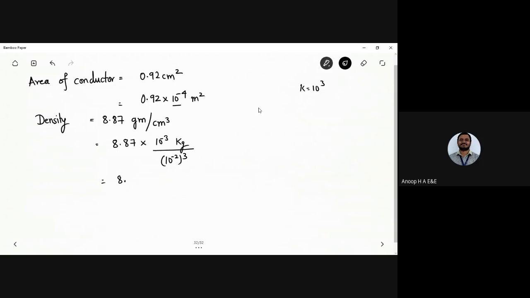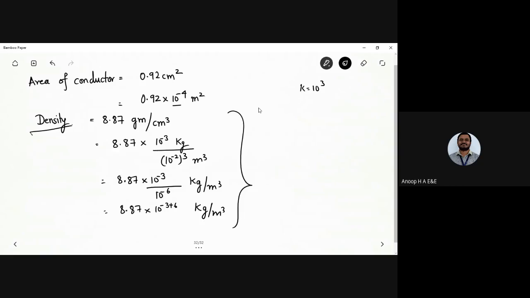So we get 8.87 into 10 power minus 3 divided by 10 power minus 6 kg per meter cube. That is the density expressed in kg per meter cube.